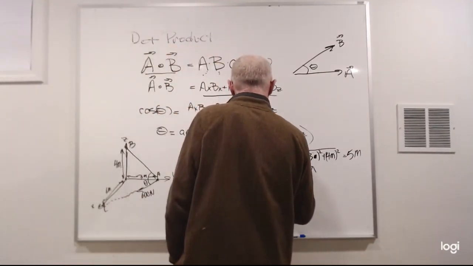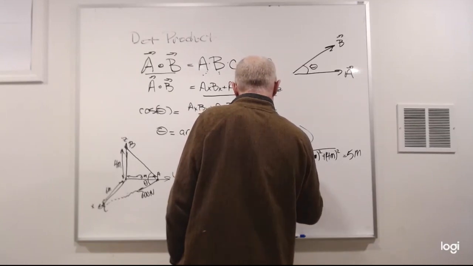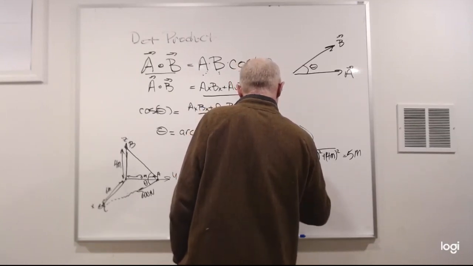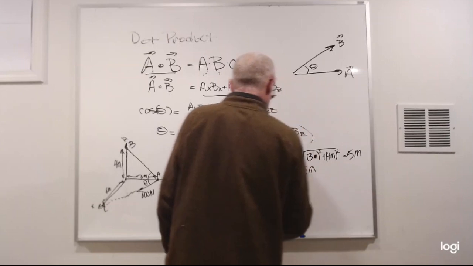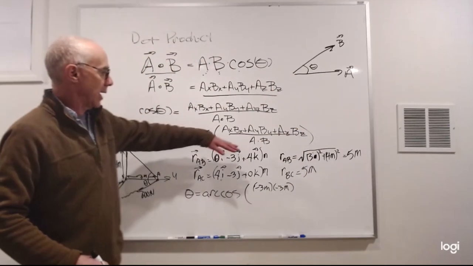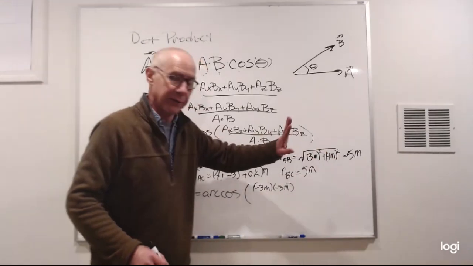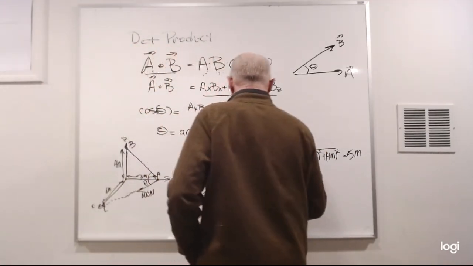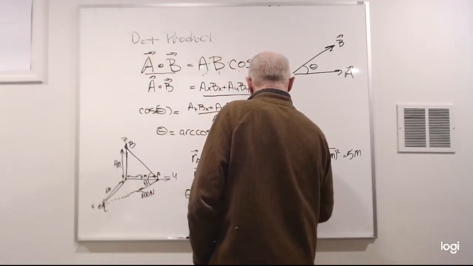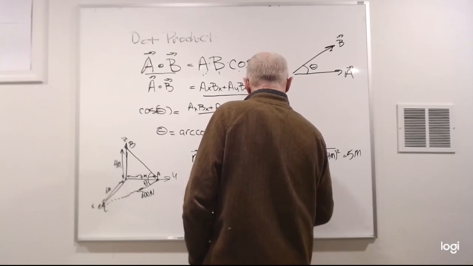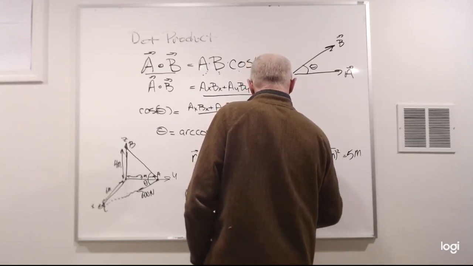So that's 9. And then divided by the product of the magnitudes. Each of these magnitudes was 5 meters, so we're going to have 5 meters on the bottom times 5 meters.